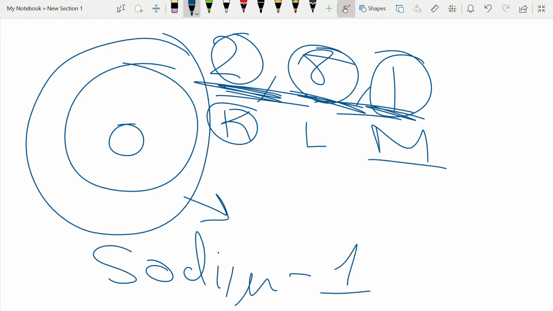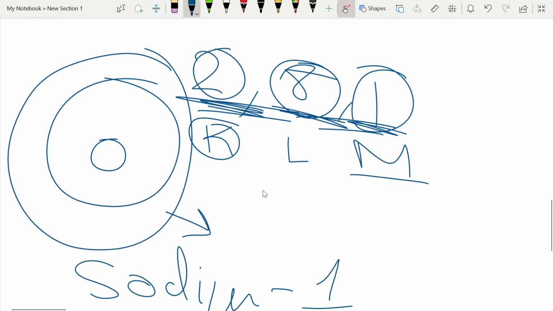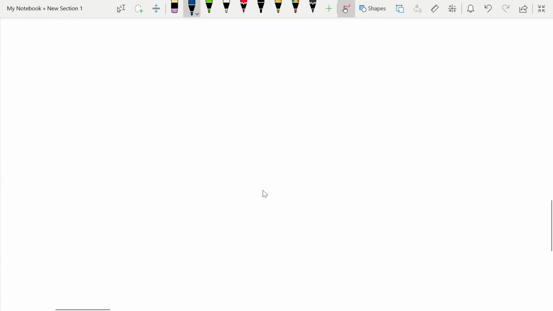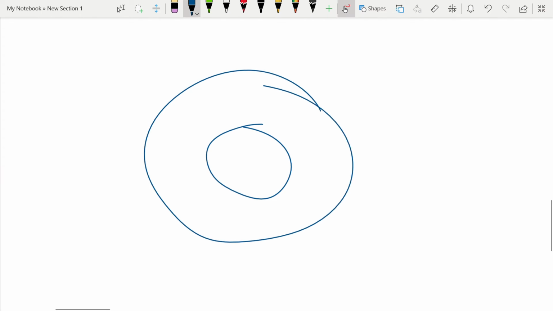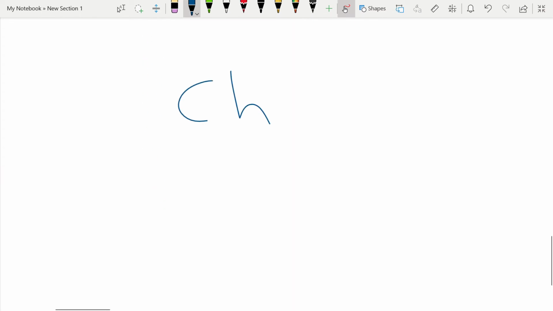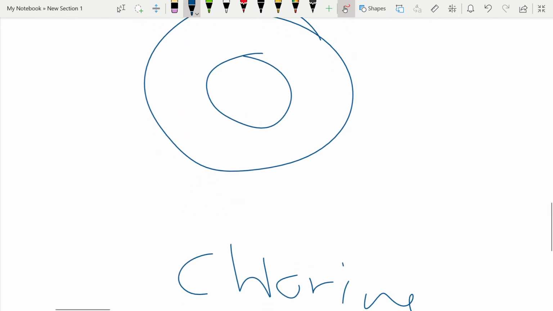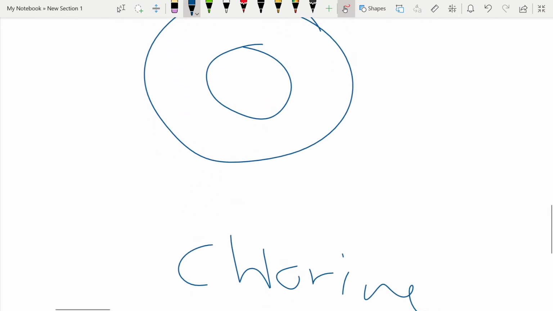Now, let's take a look at another element, which is going to be chlorine. Chlorine has an electron configuration like this. Electron configuration is basically writing how many electrons you have in each shell.